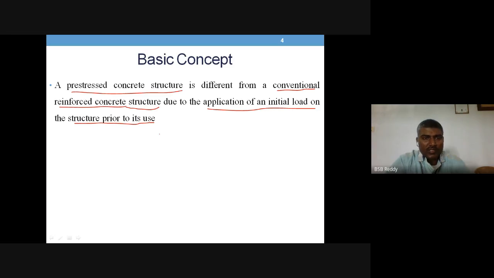So a conventional reinforced concrete structure, we will build the concrete structure, and then it starts taking the load.